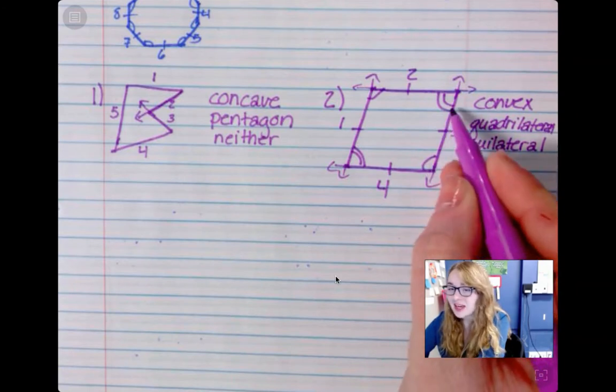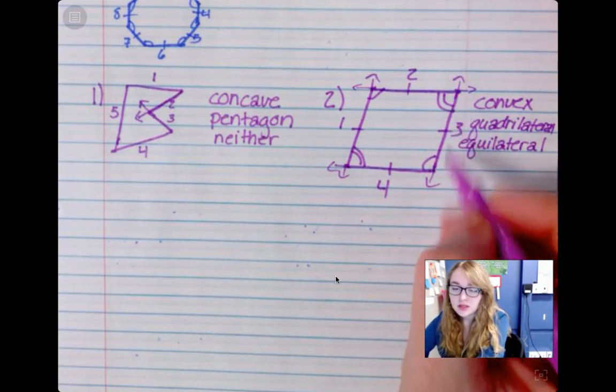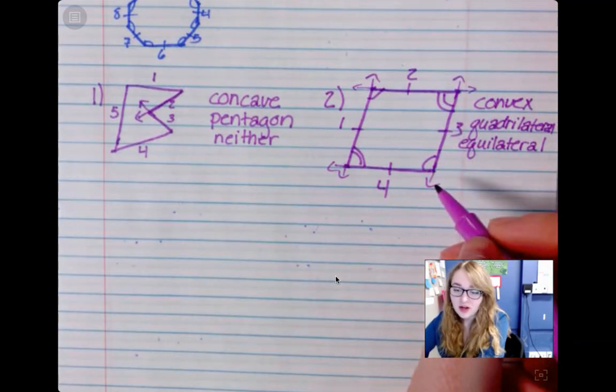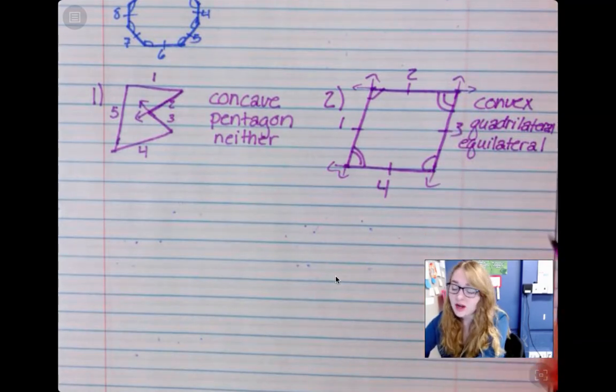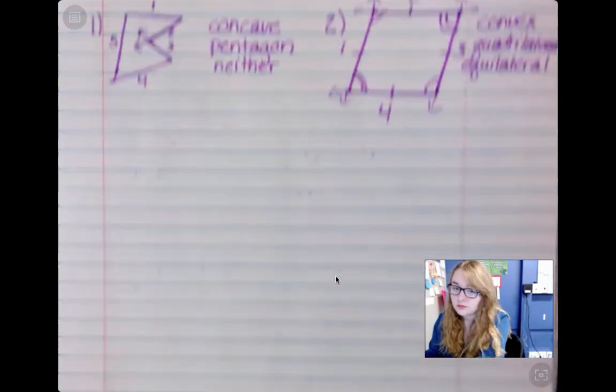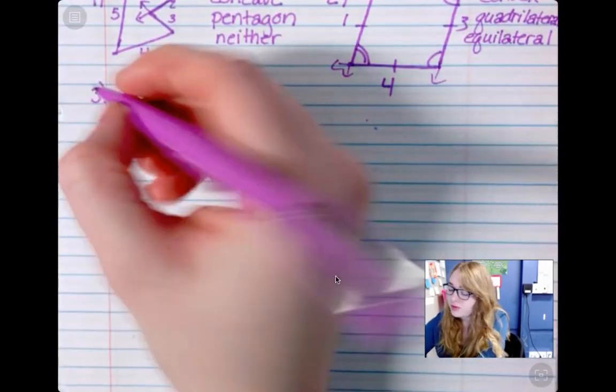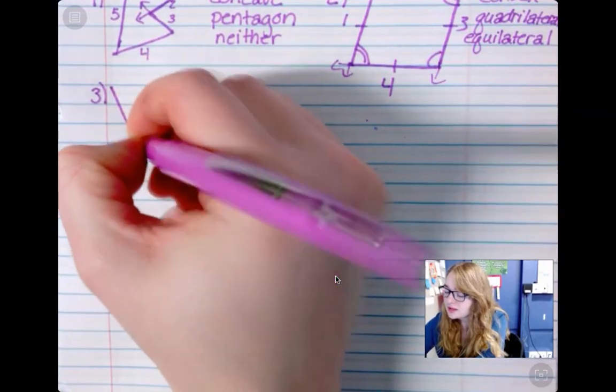One strike does not equal 2 strikes, so these are 2 different angle measures. So this is not equiangular, and it cannot be regular either since it is not equiangular. These are the 3 classifications that we have. For number 3, we have a shape like this.